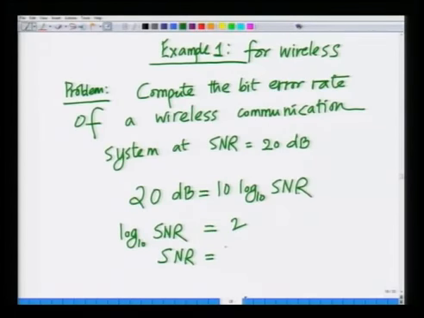So, 20 dB corresponds to 10 squared, which is equal to 100.